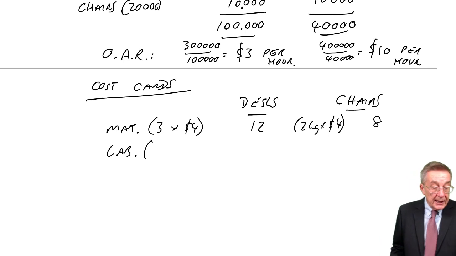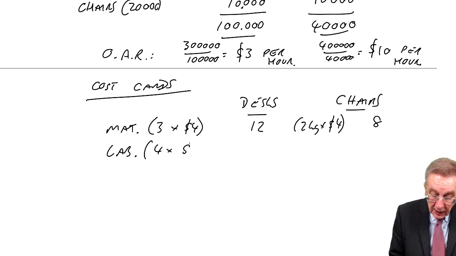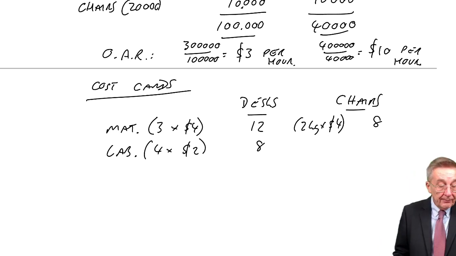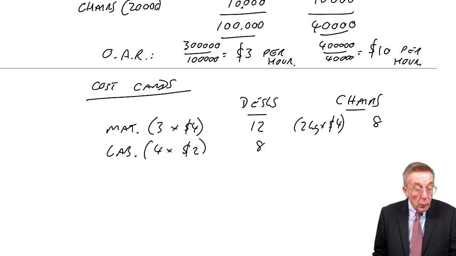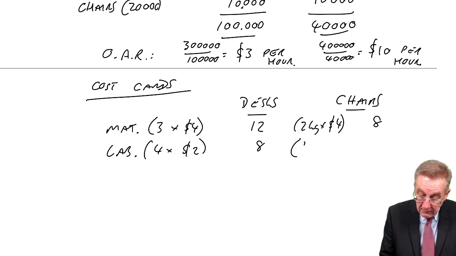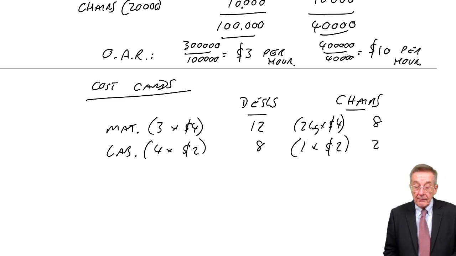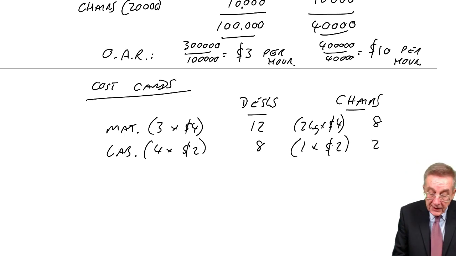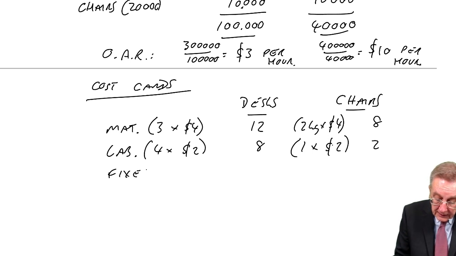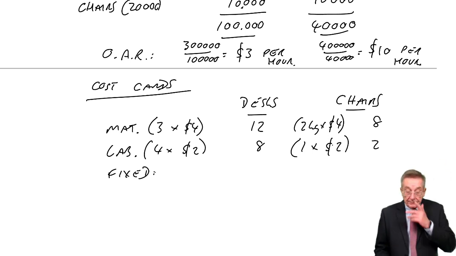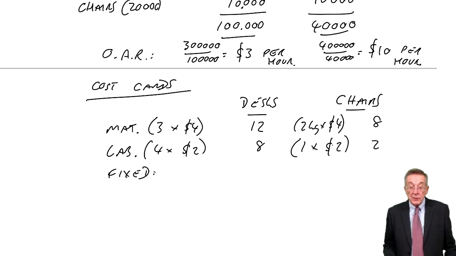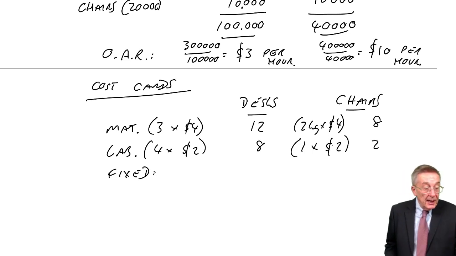And similarly, labour. In total, a desk takes 4 hours and labour's paid $2 an hour, which is 8. Chairs take 1 hour. At $2 an hour is 2. So that's not the problem. But when we come to these fixed costs, now we'll use these absorption rates. So what about desks?